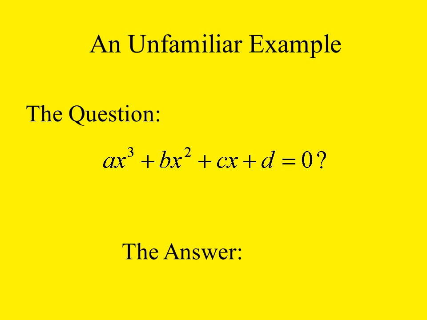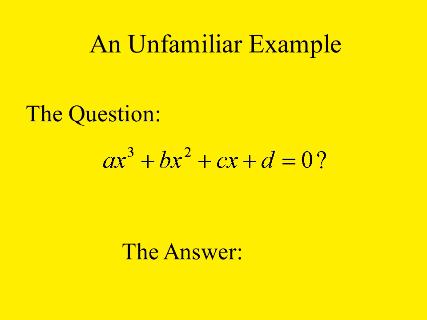Another example, which is likely not so familiar to you, is that of finding the values of x which result from setting a third-degree polynomial equal to 0. ax cubed plus bx squared plus cx plus d equals 0.